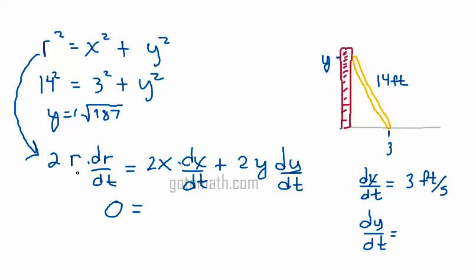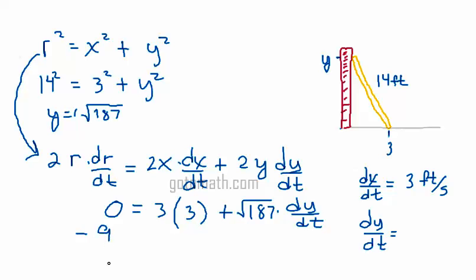Now this 2 and this 2 we can multiply through by a half and get rid of both of them. x we said was 3, and dx over dt is 3 feet per second, so plug that in right there. y, which we calculated here, is the square root of 187, and dy over dt is what we need to solve for. So we take this over to the left-hand side, and you notice that it's a negative.